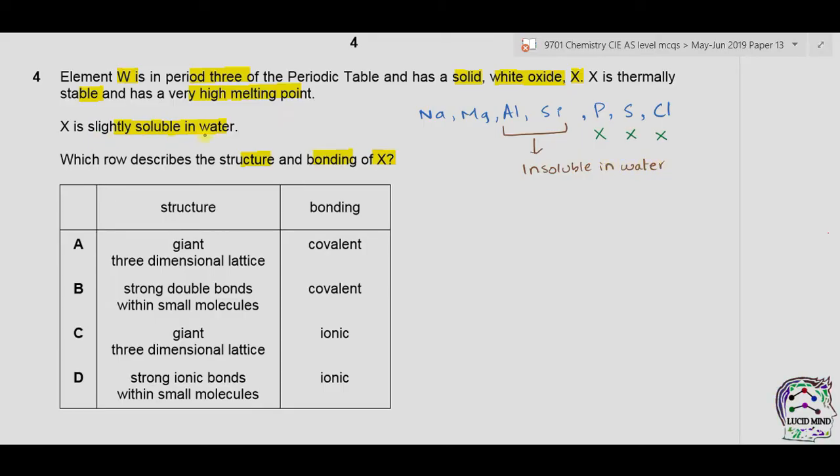While X is slightly soluble in water, it means it is not aluminum or silicon. So now we have sodium and magnesium left. Both sodium and magnesium are metals. So with oxygen they form ionic bond, so it must be ionic bond. And in ionic bond, positive ions and negative ions are present in giant three-dimensional lattice. There are no small molecules present. The answer is therefore C.